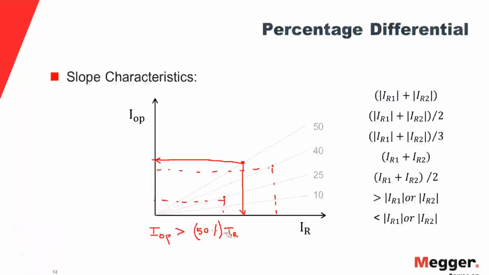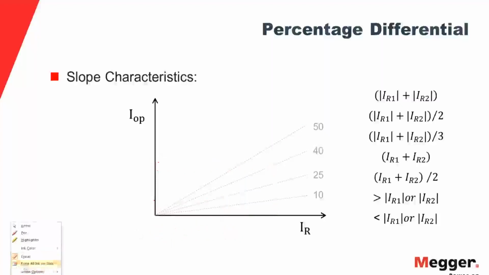So that's what is mentioned here. Okay. Instead of having just one slope, like, hey, I want to operate every single time, how do I get rid of this?